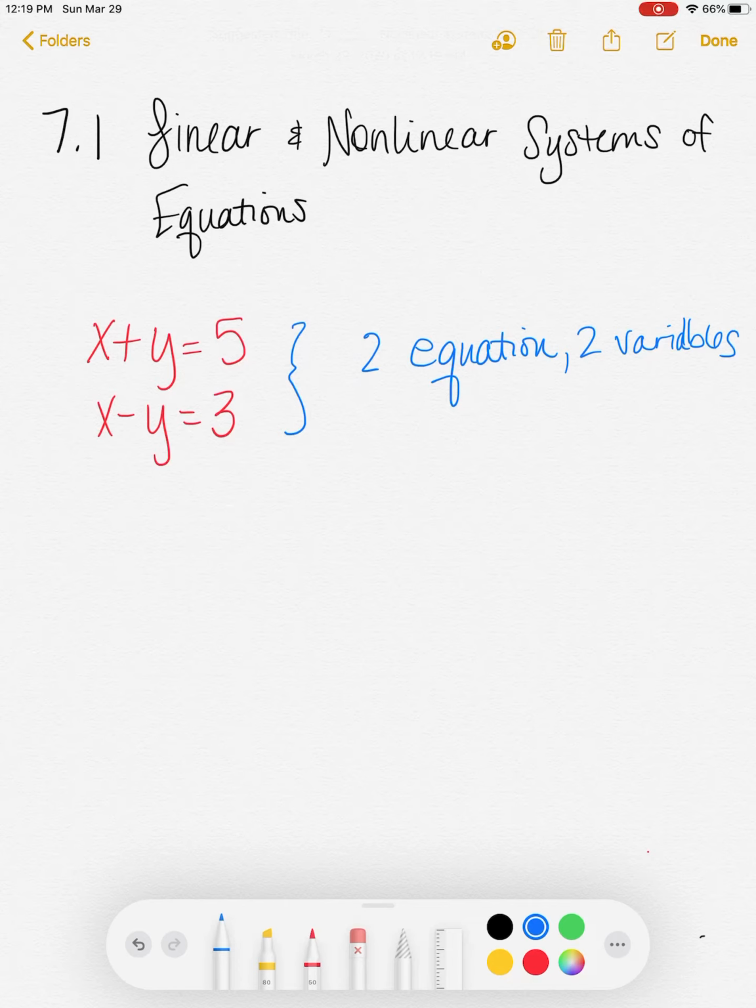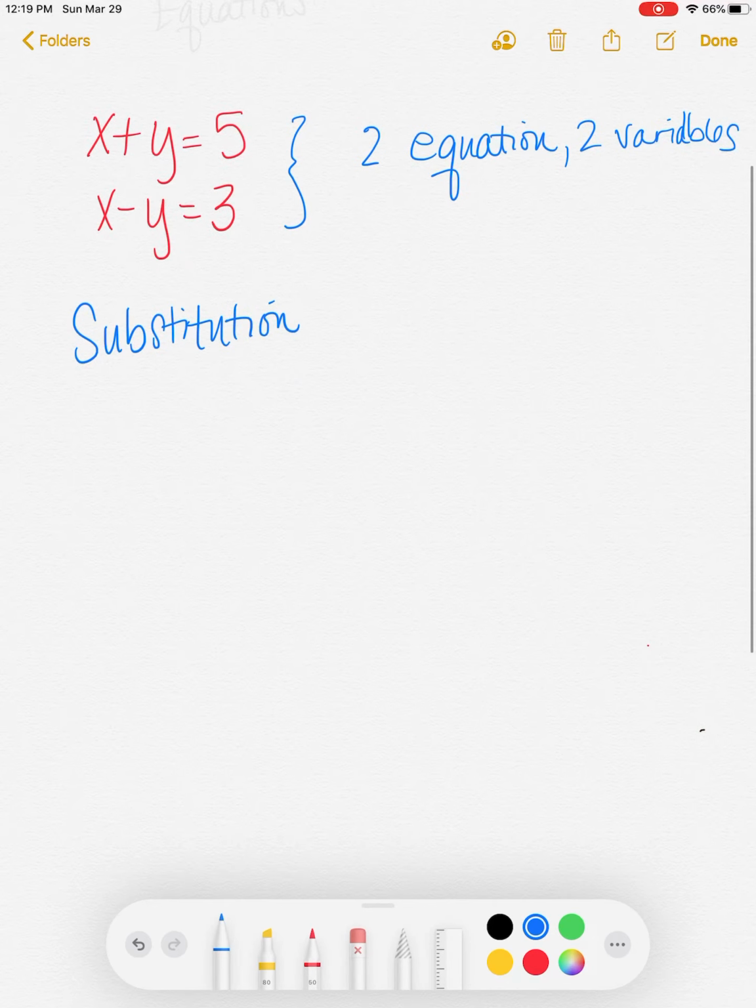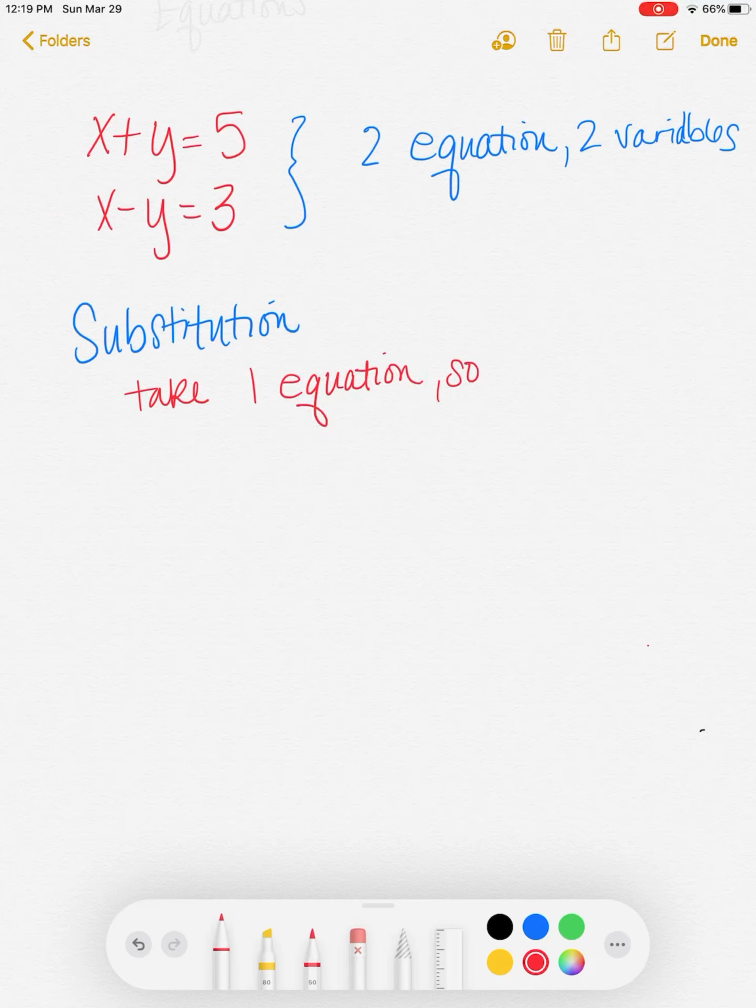So this whole chapter is going to show us multiple ways of solving these. But the way we're going to use in this section is substitution. So substitution essentially means we take one equation, solve for a variable.